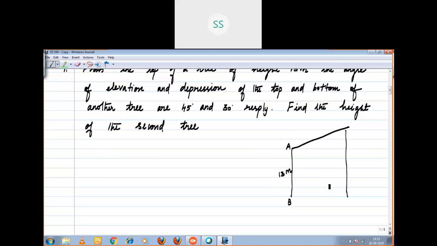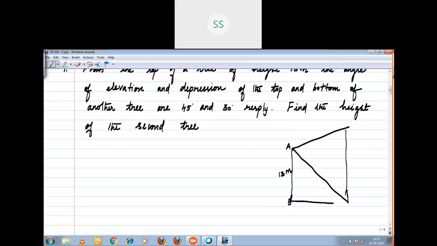Got it, children? Bottom of the second tree.